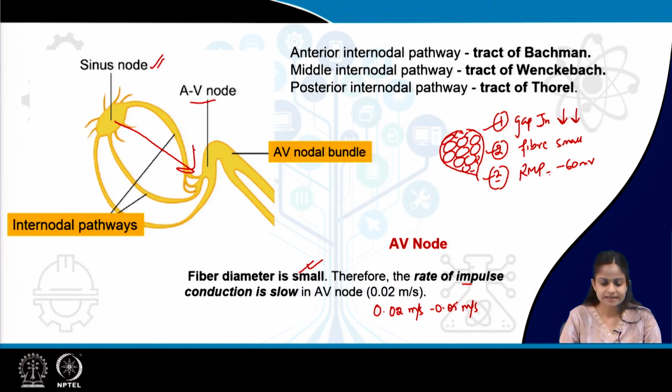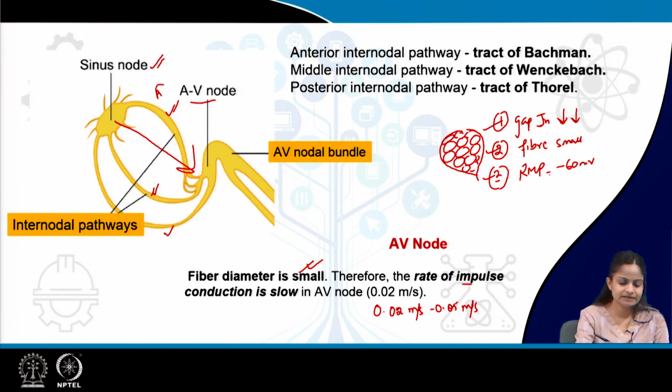Before that, there are three nodal pathways between the SA node and the AV node. Initially, it was thought that the impulse from the SA node to the AV node traverses across the atrial myocytes, but later the ultrastructure showed there are three nodal pathways between the SA node and the AV node. The first one is the anterior internodal pathway, the middle internodal pathway and the posterior internodal pathway.